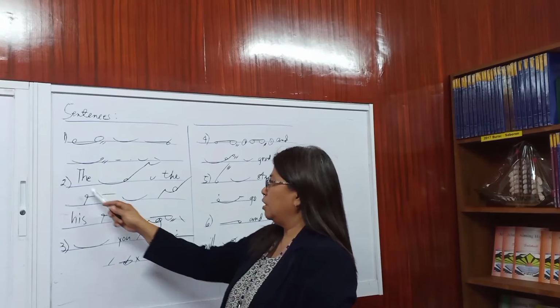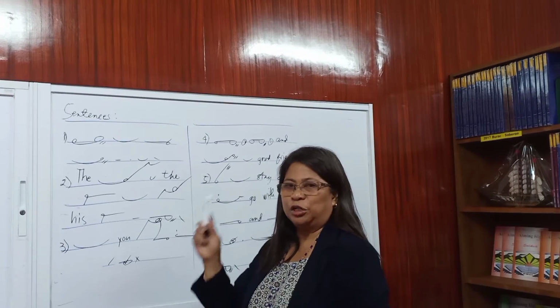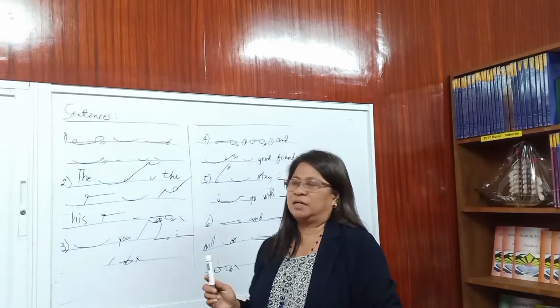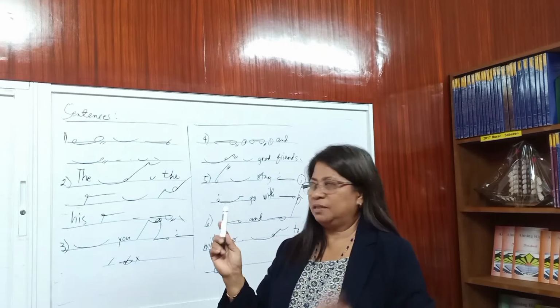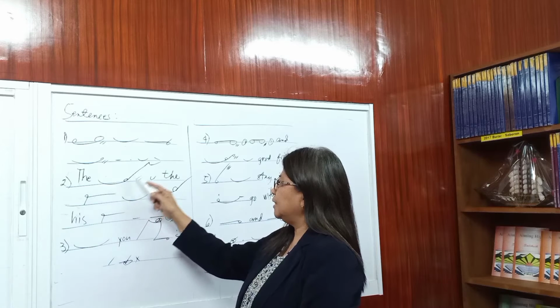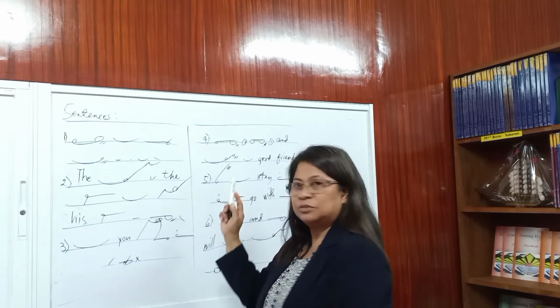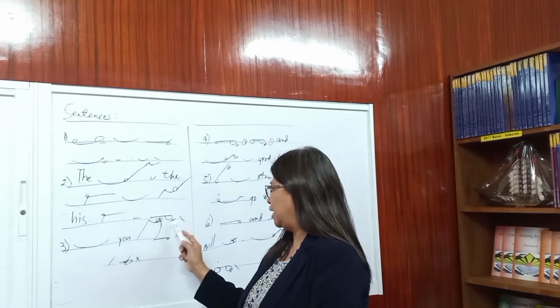Okay, for number 2, the L-E-D-R, leader. You omit minor words that are not very much sounded. So in between D and R, there's an E, but you omit that because that's a minor sound. So the leader of the team will T-R-A-D, trade, his T-E-M, team in May.